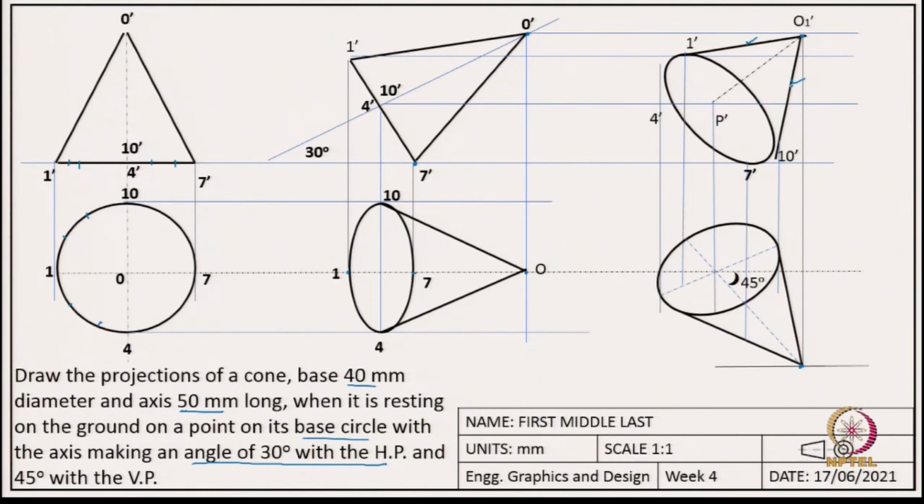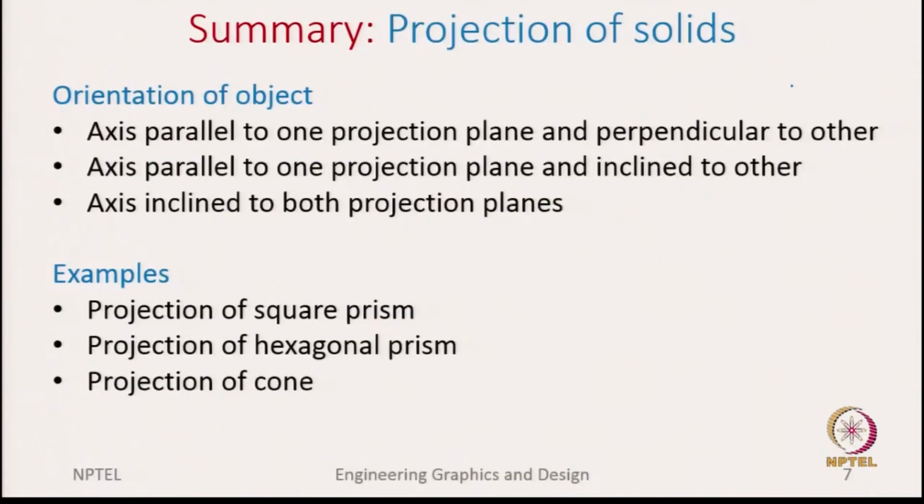Okay. So, finally, what do we summarize? We say that the object orientation can be either parallel or perpendicular to the projection planes, in which case drawing the projections becomes easy. The next difficult case is when the axis is parallel to one of the planes but inclined to the other.